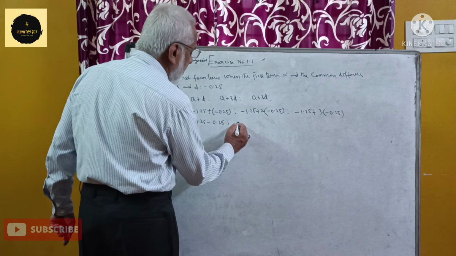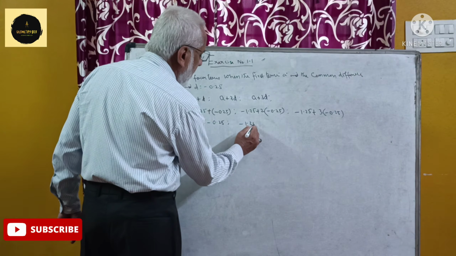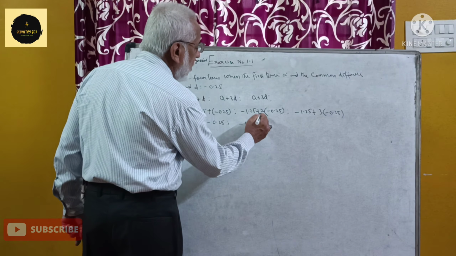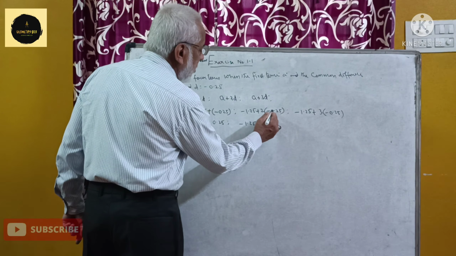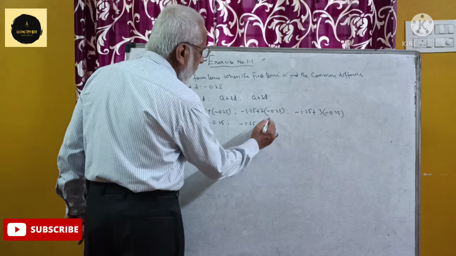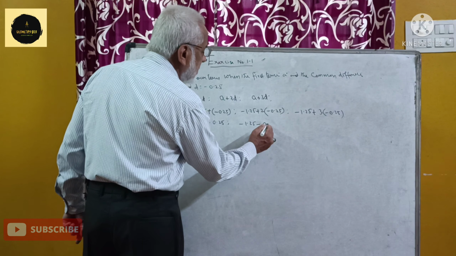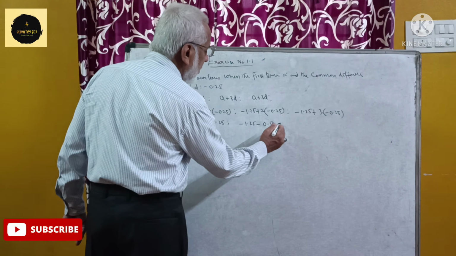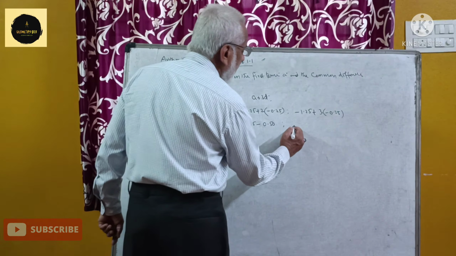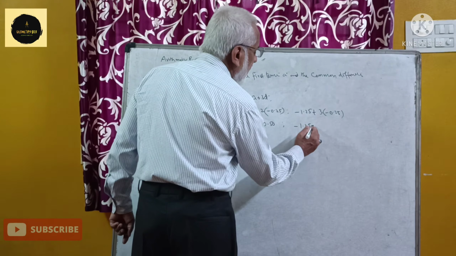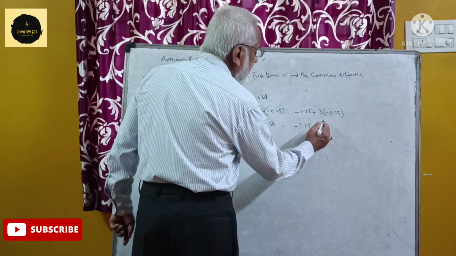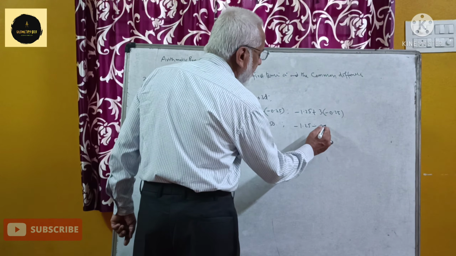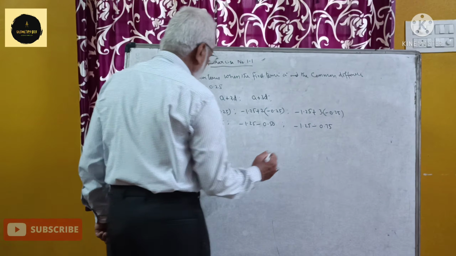Then the third term is minus 1.25 plus into minus, minus 2 into 0.25, which is minus 0.50. Then the fourth term is minus 1.25 plus into minus, minus, then 3 into 0.25 is minus 0.75.